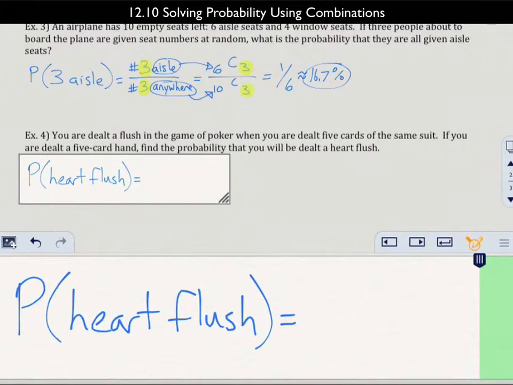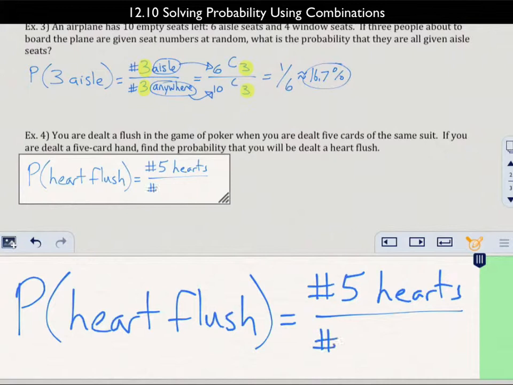Basically we want the number of ways we can get 5 hearts divided by the number of ways we can get 5 cards.